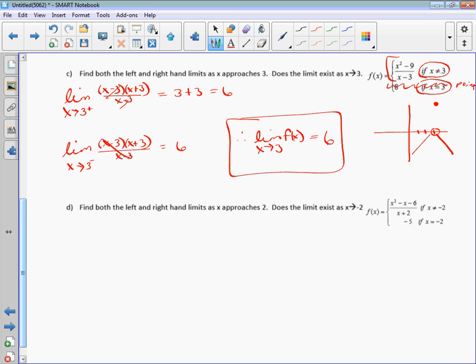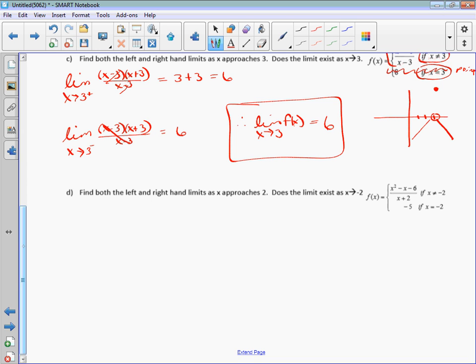So letter D. It's the same idea, right? Which part do I not want? Yeah, I don't want that because that's just the point. So the limit as x approaches -2 from the right, I'm going to factor it. It'd be x plus 2 times x minus 3, over x plus 2.